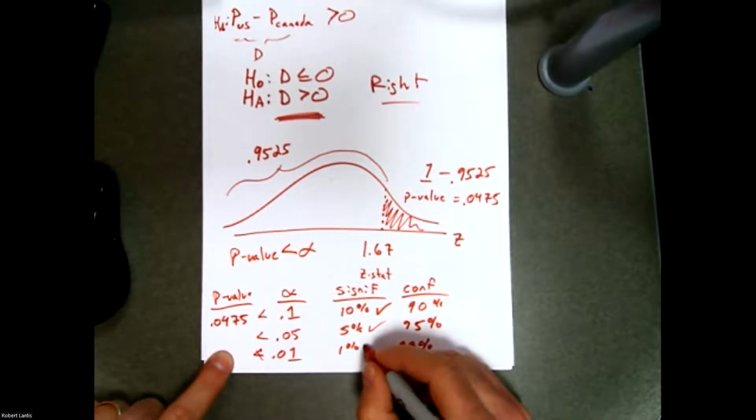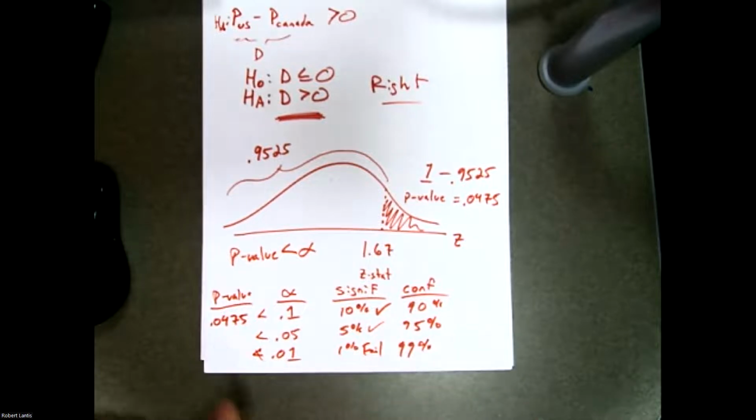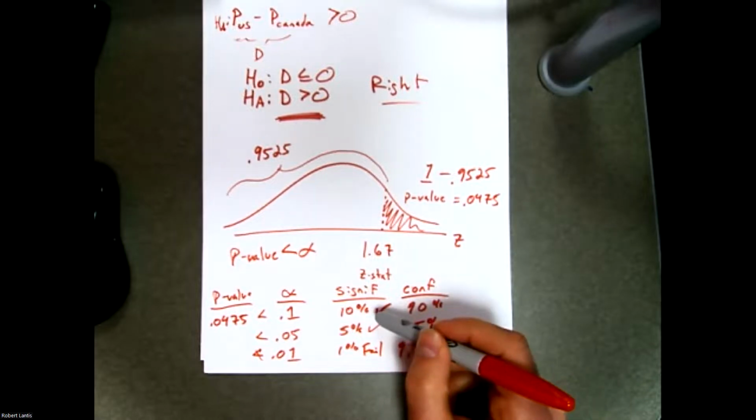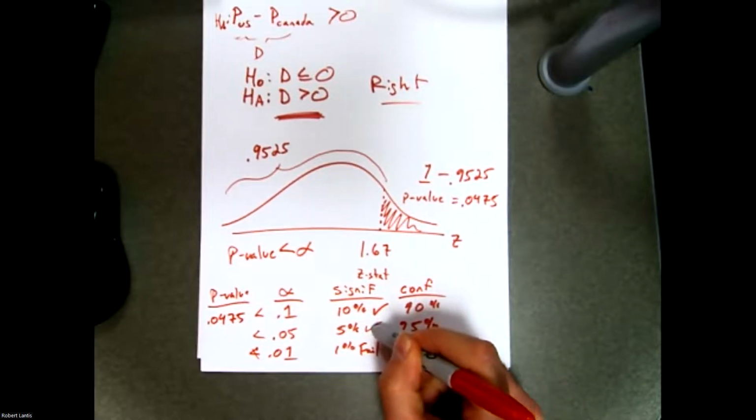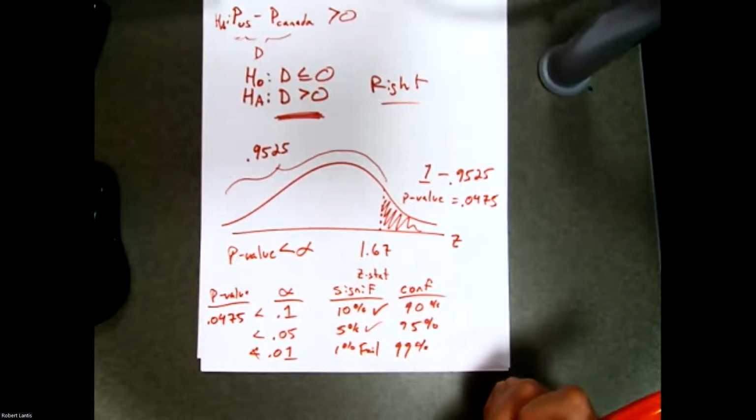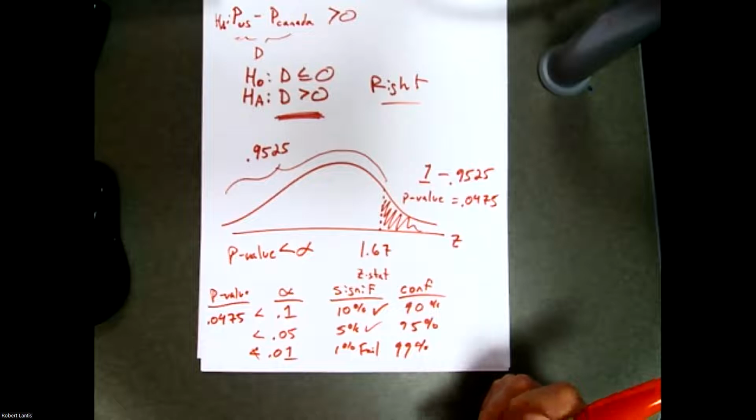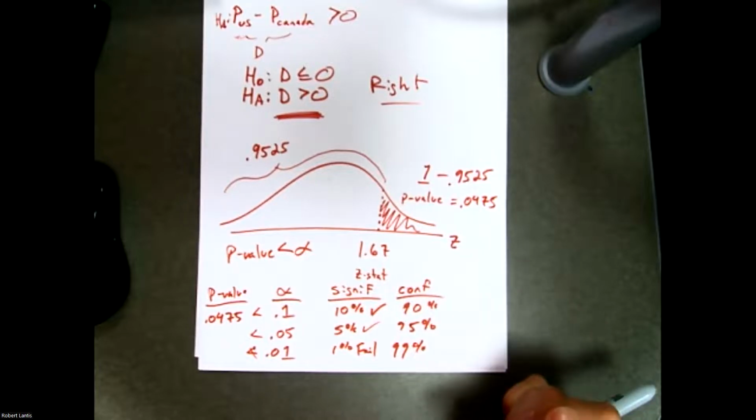It is not less than 0.01, so we fail to reject, or we can't reject at that 1% significance level. So instead of just asking you to make a rejection decision at one level, I may ask you at which significance levels can you reject a null? So here, that would be the 10 and the 5% only. Okay. Any questions here before I keep going?